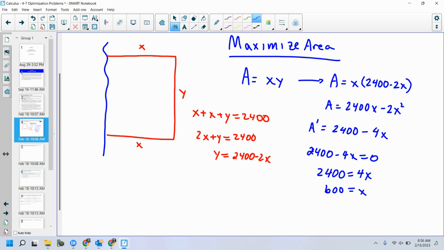I know that's going to be my critical value. Do I know yet if that critical value is a maximum or minimum point? No. I mean, logic tells me that it's my maximum, but I don't know necessarily for sure yet.